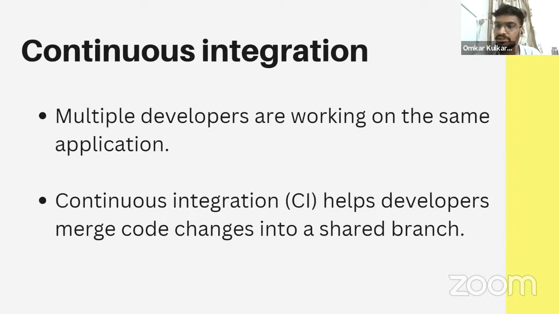So continuous integration helps developers merge their code changes back to the shared branch. Once the developers' changes to an application are merged, those changes are validated by automatically building the application and running different levels of automated testing. So this is all about continuous integration.